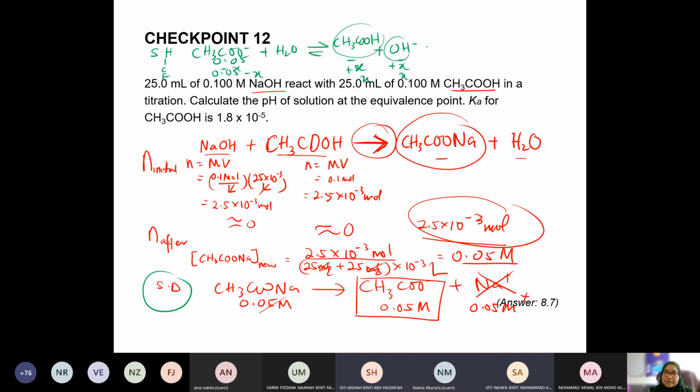Okay, alright. So next we want to find out the OH punya concentration lah. Kita boleh insert into the formula right away. OH minus, KB. So you need the KB guys. Kita perlukan KB. So what is given to us is KA. Not to worry, kita mesti mencari KB dulu.